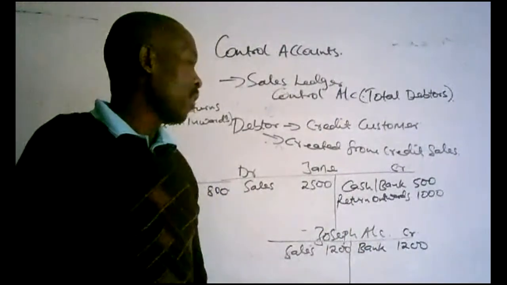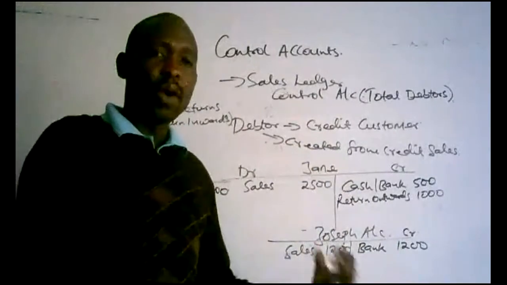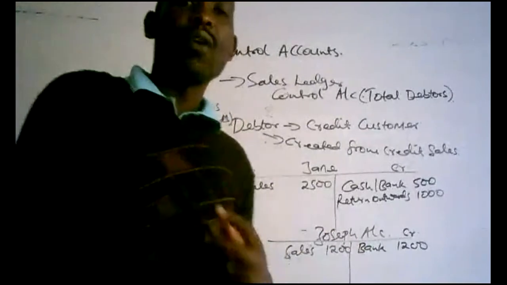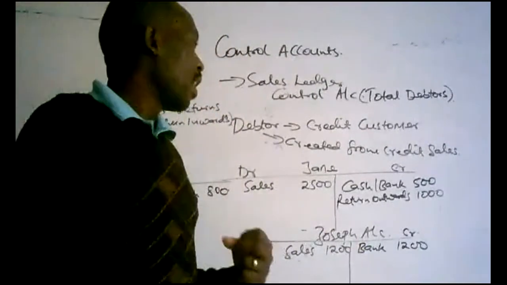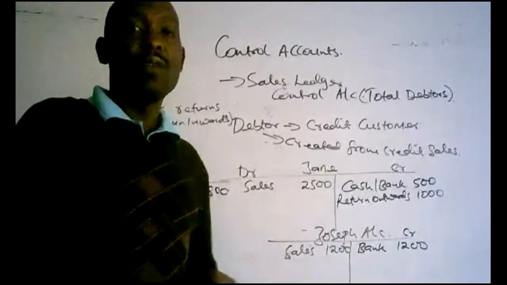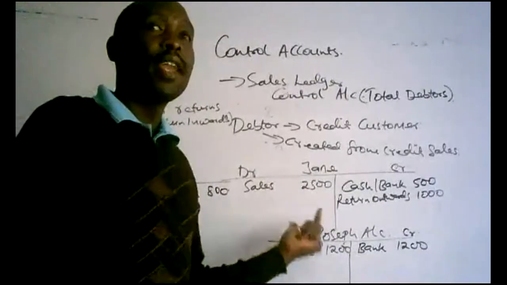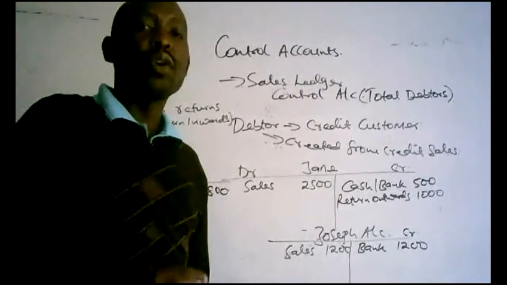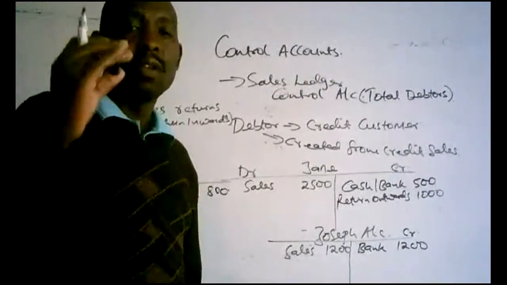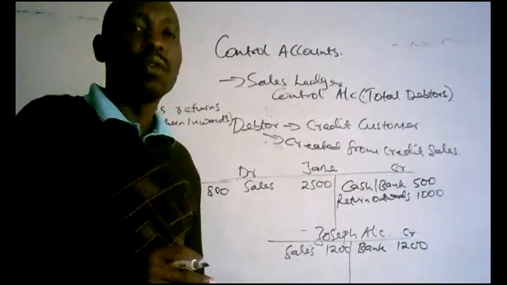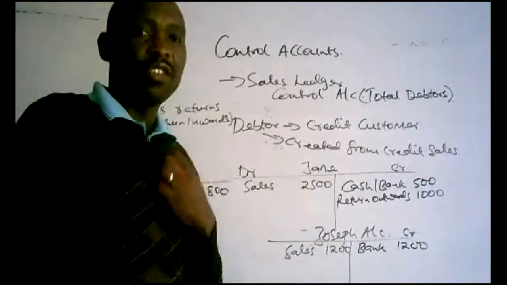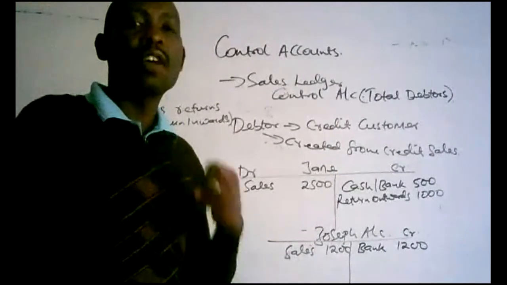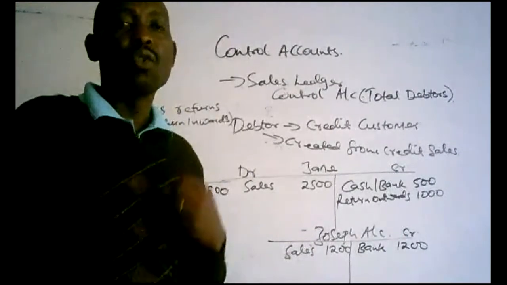So you will find that at another point maybe the customer has been given a discount. You have allowed your customer a discount, and that is actually what we call the discount allowed. If you had an agreement with this particular person that if you pay within 1 week, I'm going to give you a discount of 100 shillings, and the person actually pays within that 1 week, what will happen?